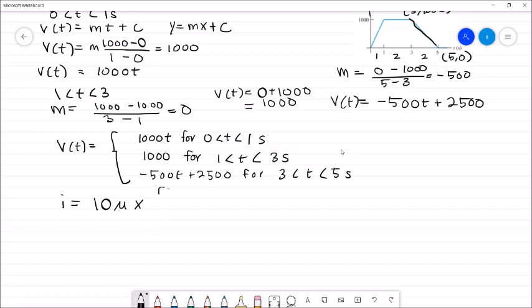The differentiation of 1000t is 1000, then the differentiation of 1000 is 0, then this will be negative 500. So you will get 10 times 10 to the power of negative 3 ampere, 0 ampere, and negative 5 times 10 to the power of negative 3 ampere.